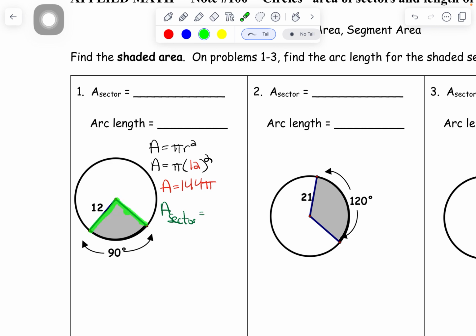And the central angle measurement and the arc measurement are the same thing. So in this case, we're talking about 90 degrees. Well, 90 degrees out of how much? Well, circles are 360 degrees. So we're going to take the fraction of our circle, 90 over 360, times the full area.